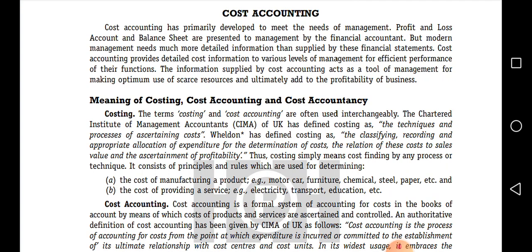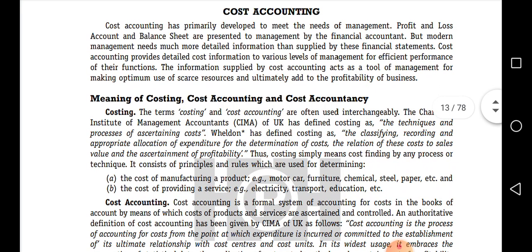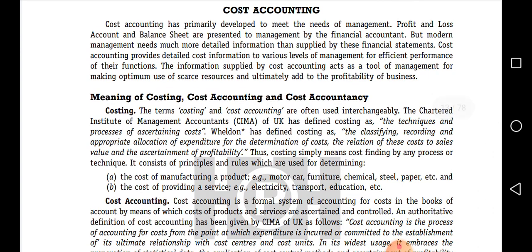The name indicates it discloses information about the financial activities of the business. With the help of that, we can prepare two statements, the P&L account and the balance sheet. The profit and loss account showcases the operational efficiency of the business, whereas the balance sheet showcases the financial position of the business. That is the purpose and objective of studying financial accounting.